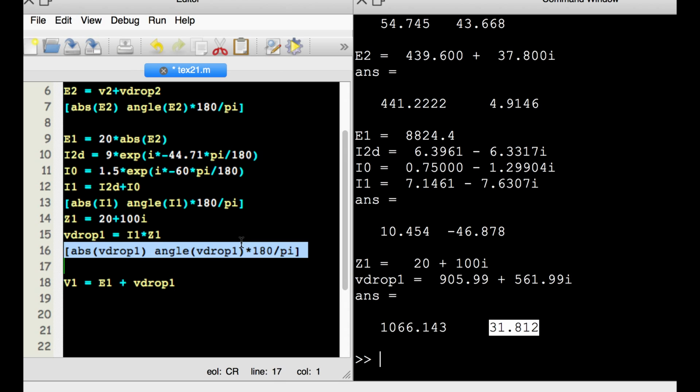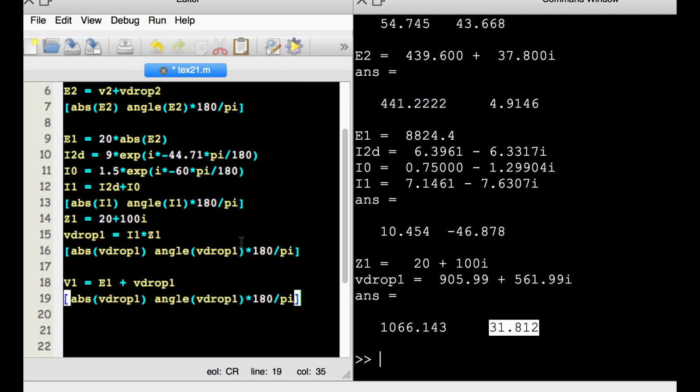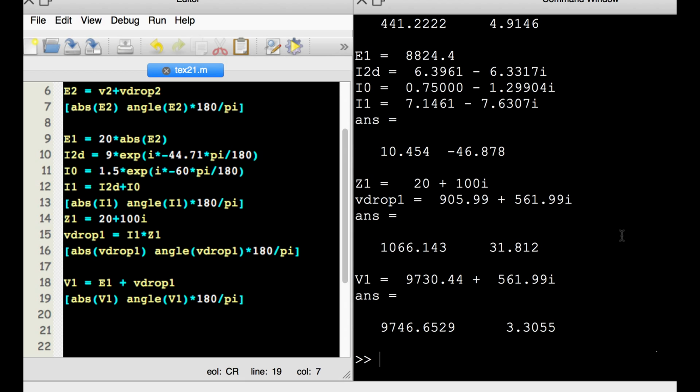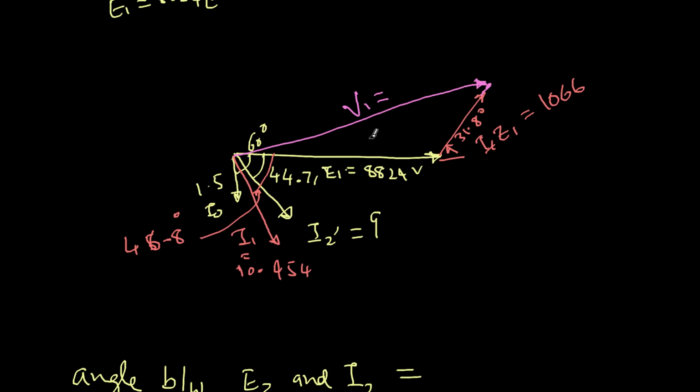I'll also display the absolute value and angle of that. So let's run this. So 9746 and 3.3 degrees. So this is 3.3 degrees and 9746 volts. So this is how you solve the problem.